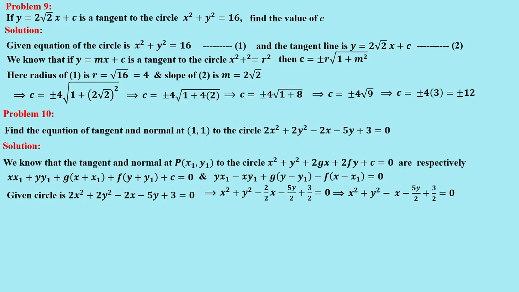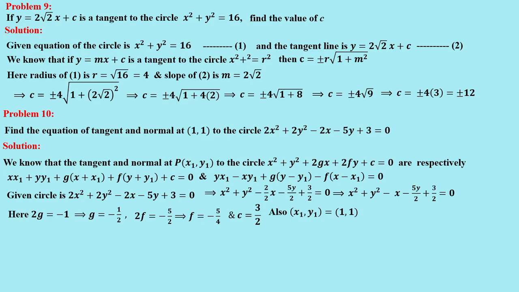So rewriting the equation, x square plus y square minus x minus 5 by 2 into y plus 3 by 2 equal to 0. So 2g is nothing but the coefficient of x, that is equal to minus 1, so g is equal to minus 1 by 2. 2f is the coefficient of y, that is equal to minus 5 by 2, so f is equal to minus 5 by 2 into 2, that is minus 5 by 4. Then the constant term c is equal to 3 by 2, right?